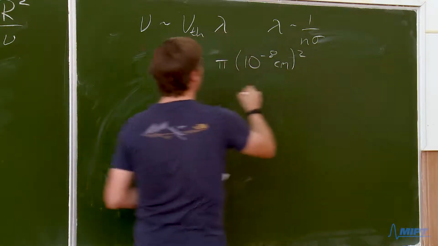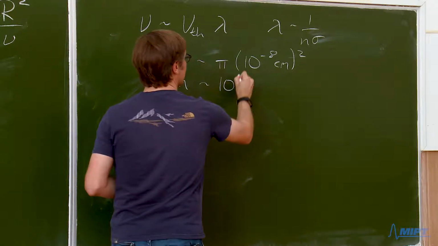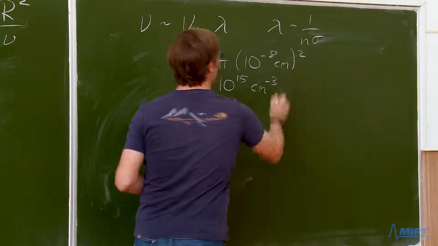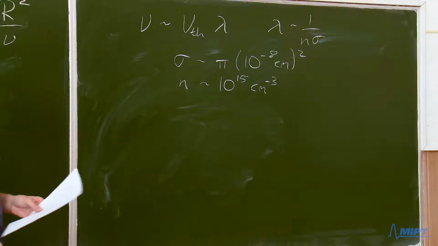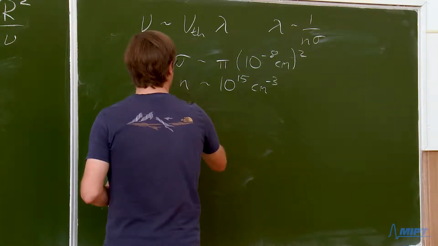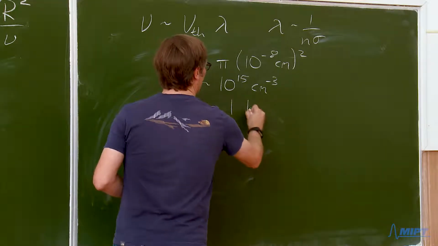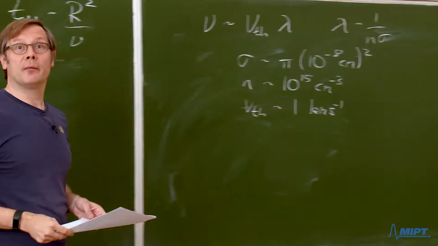centimeters squared. We already said something yesterday about what sorts of densities we might have within protoplanetary disks. So we'll take n to be 10 to the 15 particles per cubic centimeter. And we said that if we're fairly close to the star, then the thermal speed might be something like a kilometer per second.